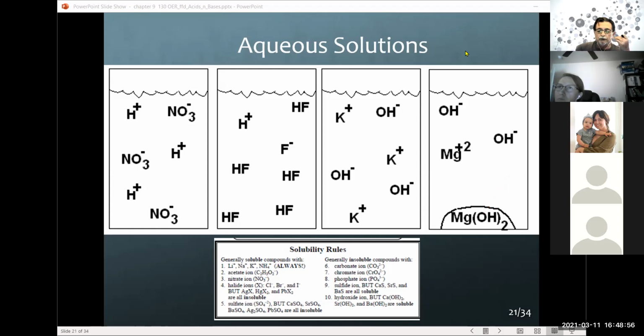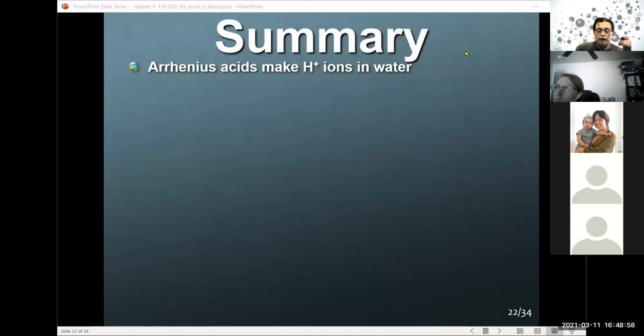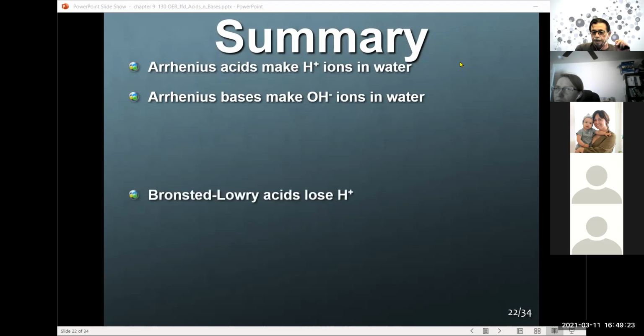All right. So to summarize, with respect to Arrhenius definitions, anything that produces a proton in water is classified as an Arrhenius acid. If it produces a hydroxide polyatomic ion in water, it is classified as an Arrhenius base.